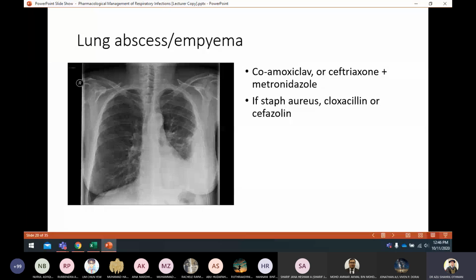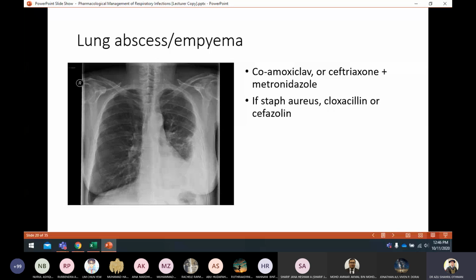If the organism is Staph aureus, so the patient has a lung abscess, you insert a chest tube and you try to drain the abscess, and you send a sample of the abscess to the lab to determine what the organism is, and it comes back as Staph aureus. So then you know you can change the antibiotic to cloxacillin or cefazolin.